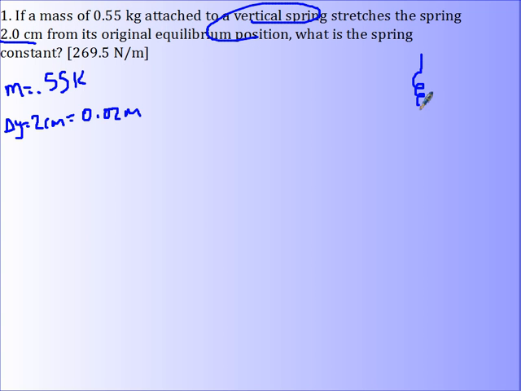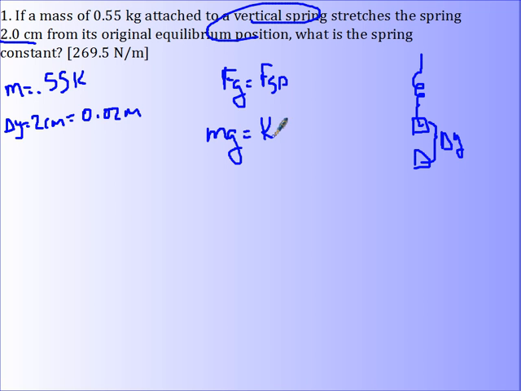If you draw a diagram, this is the mass, and here's delta y. Fg equals the force of the spring, so mg has to equal k times delta y. You can use delta y or delta x, I don't care which.